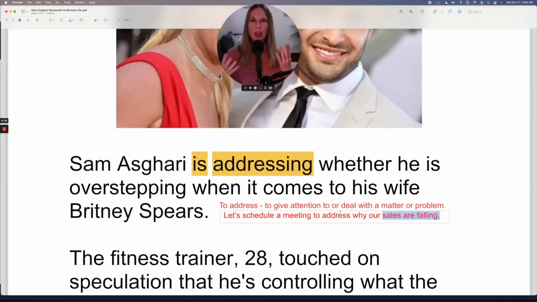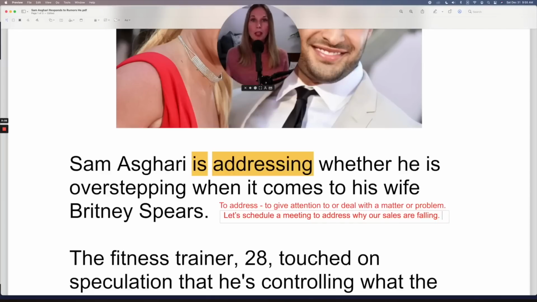And most of the time, if a situation is positive, it doesn't really need attention. So just naturally, we use this to address in more problem-based situations. So this is the problem, sales are falling, and we simply need to discuss it. We need to deal with it. We need to give attention to it. So let's schedule a meeting to address why our sales are falling.